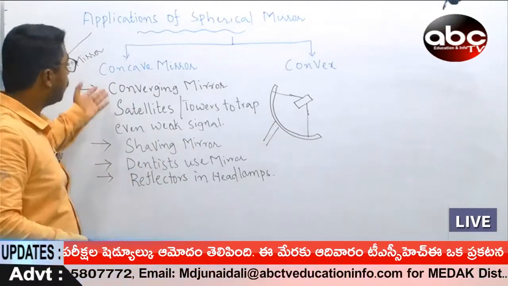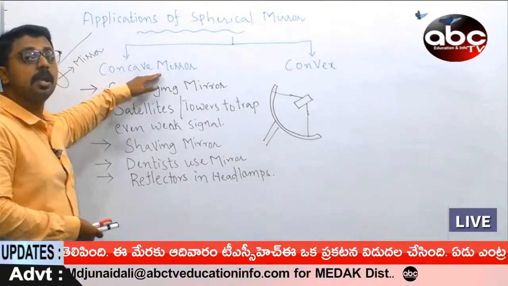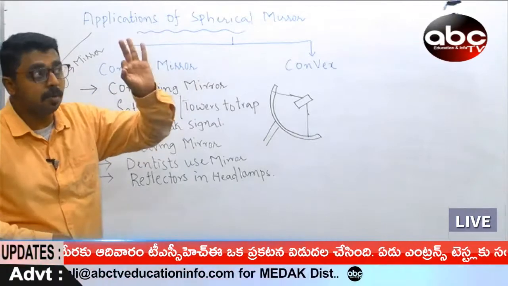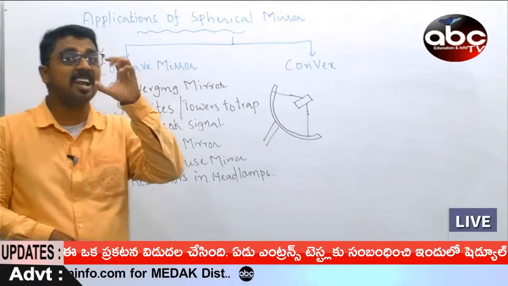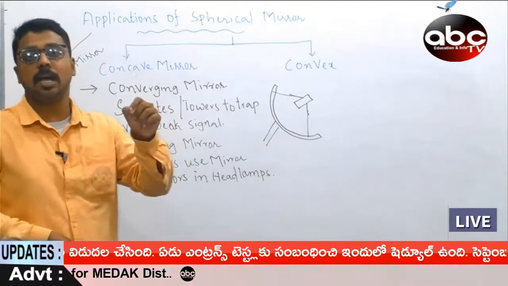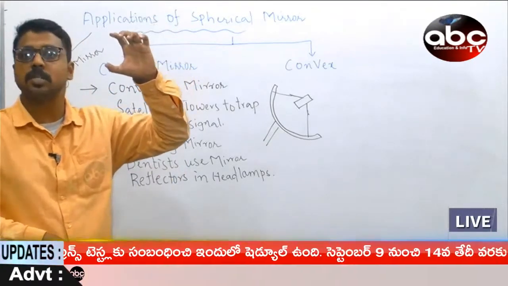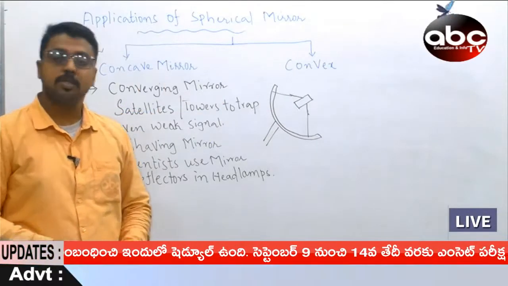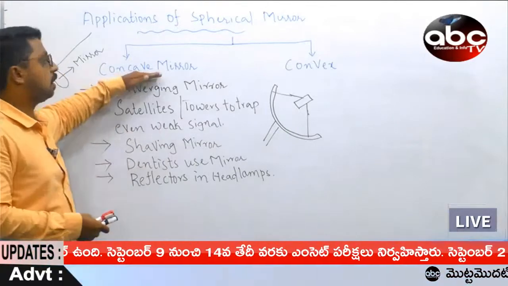So we have a number of uses. Even concave mirrors are useful in telescopes also to view an object bigger. పెద్దగా కనిపించేటటువంటి ప్రాసెస్, enlargement in the image కావాలి కాబట్టి టెలిస్కోప్స్‌లో కూడా we can use such types of mirrors also.